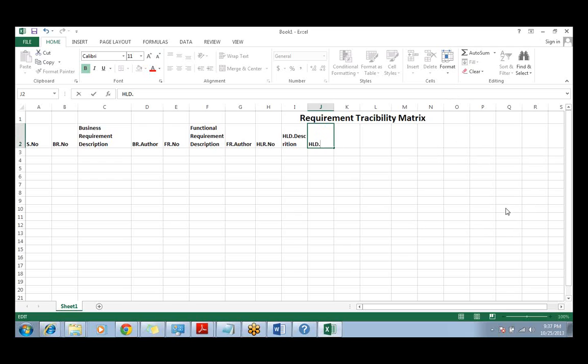Serial number, and the BR number is the business requirement number. So this is just the countdown of how many you have. Okay? That's what it comes down to.